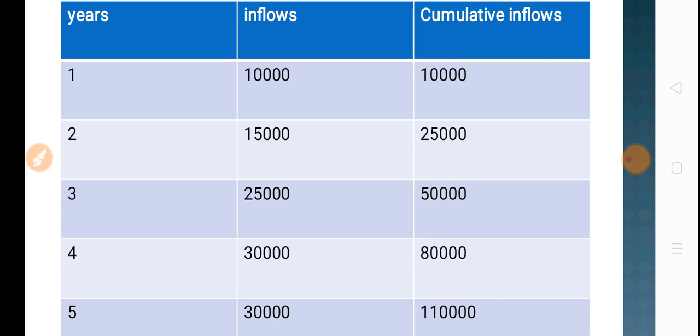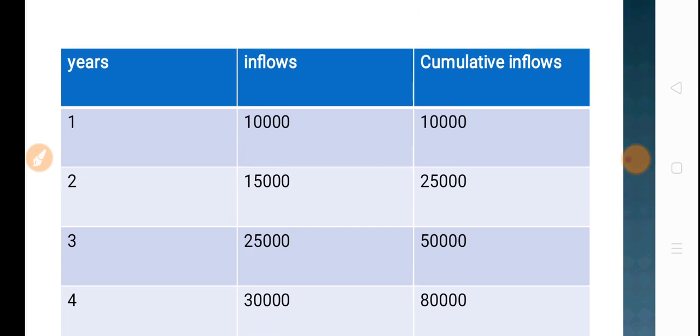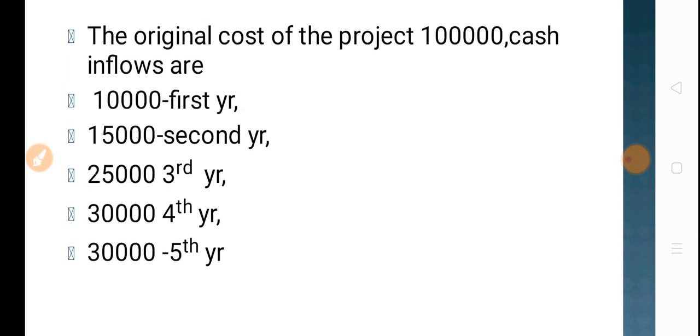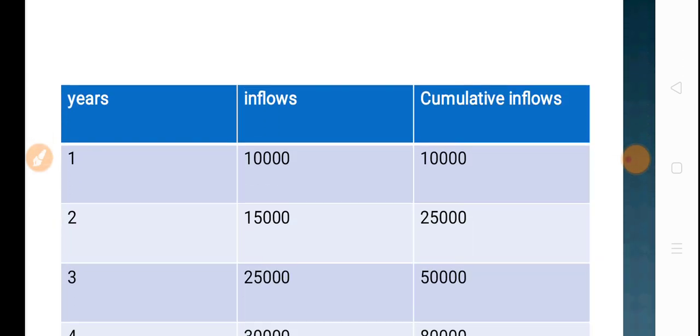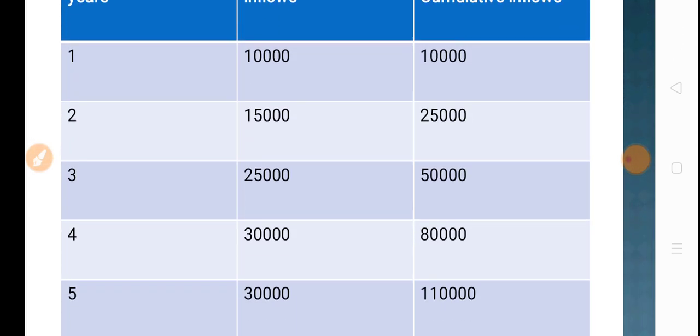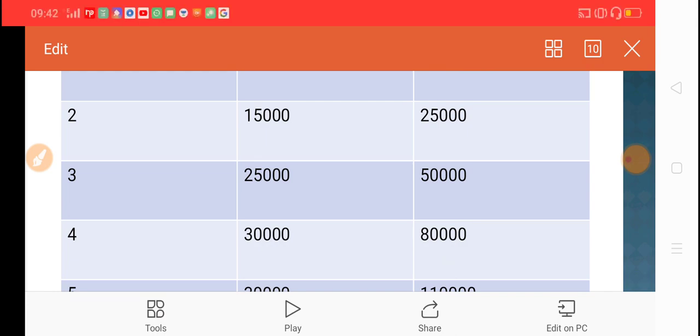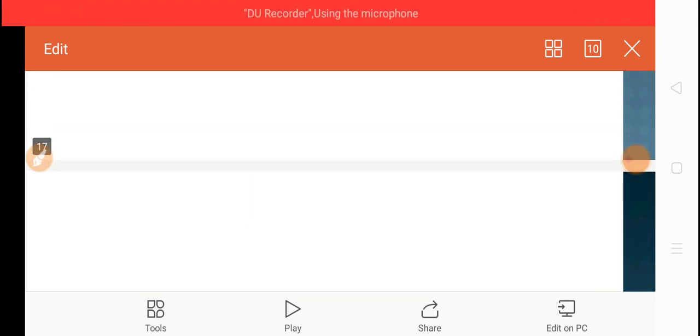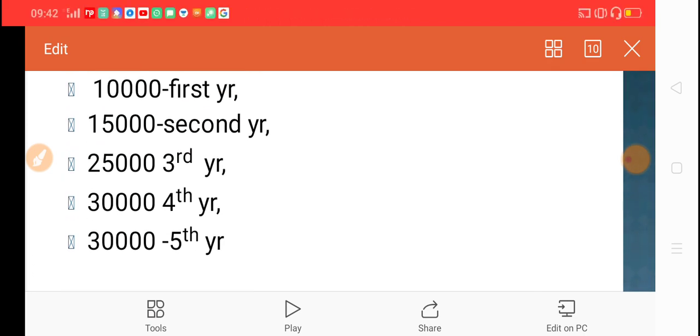Firstly, you want to rewrite what is in the question. They have 5 years in this question, so we can rewrite the 5 years within the table. And also the inflows: rewrite the inflows.